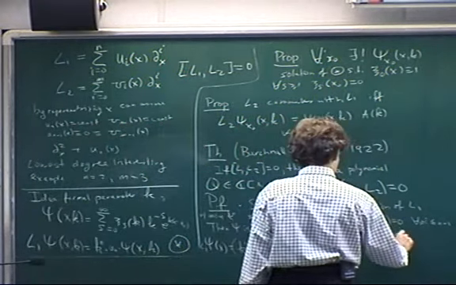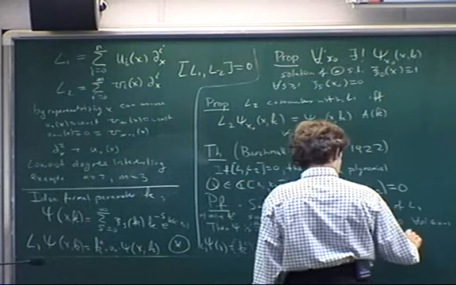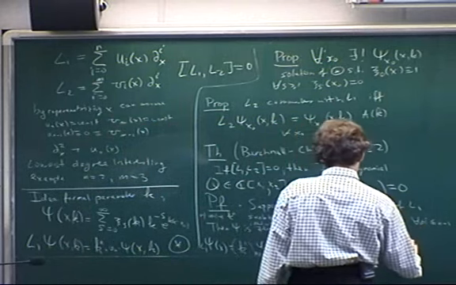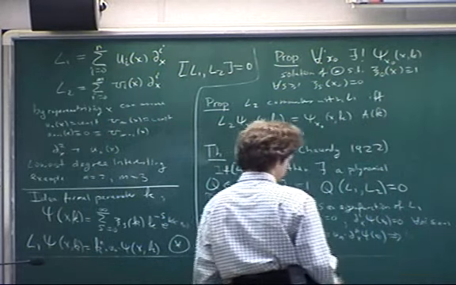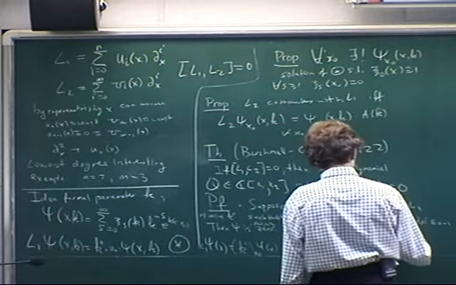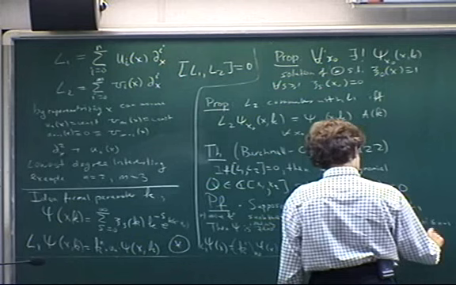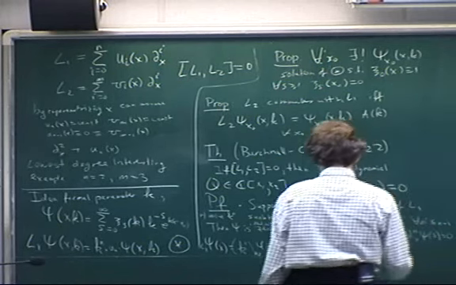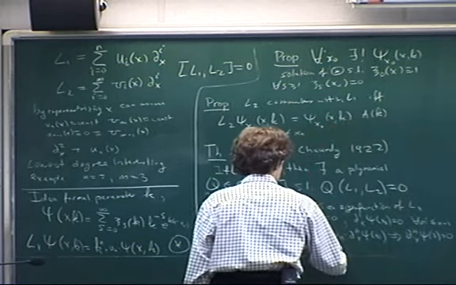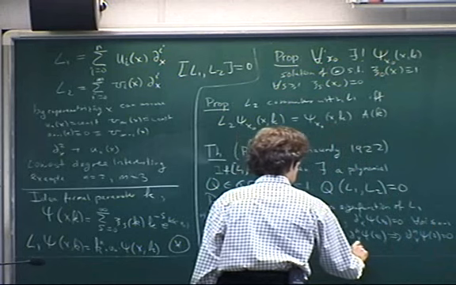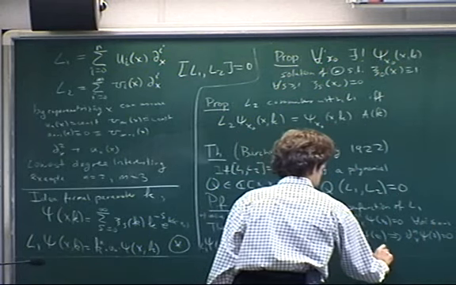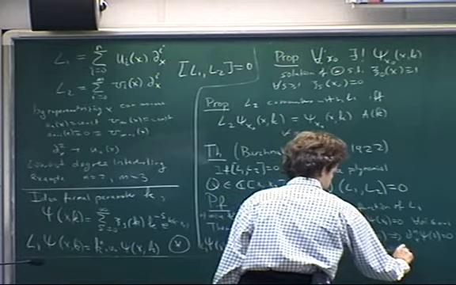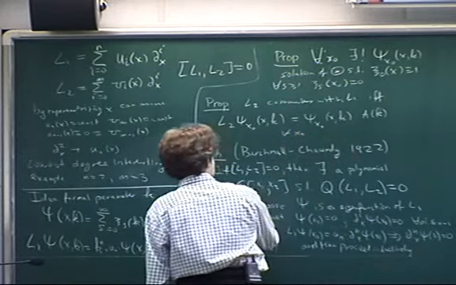And so this will imply that the nth order derivative, which is supposed to be equal to the value, is 0. So it will imply that the nth order derivative of psi vanishes. And then we can proceed inductively. Okay? So that's the first observation.